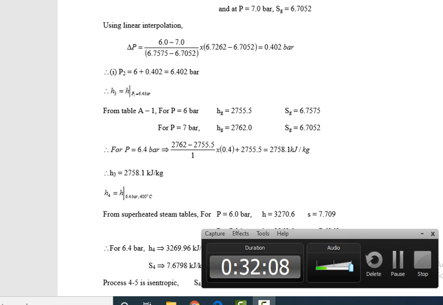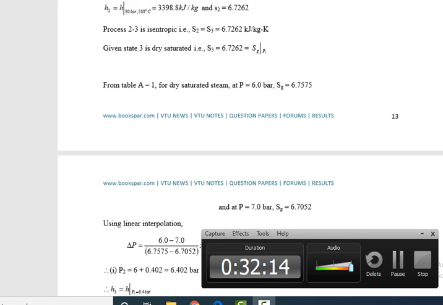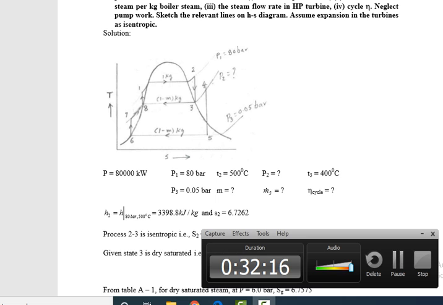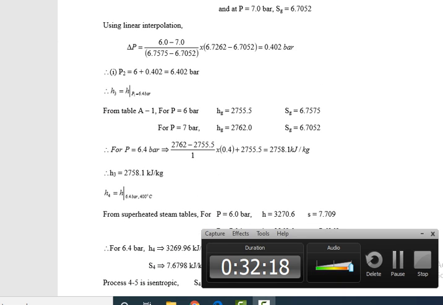Then at point 3, the pressure 6.4 bar is given. Going to point number 3, from this point you have to get the enthalpy from the steam table. Again from the steam table you get the enthalpy and entropy at 6 bar, then at 7 bar.